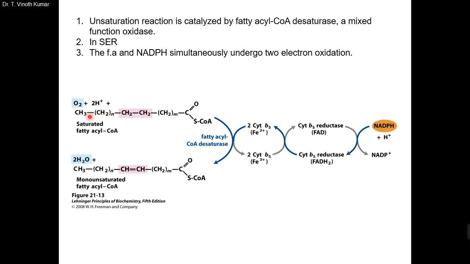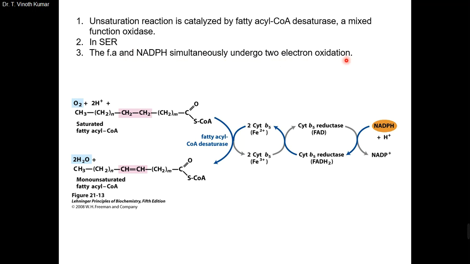So that is the first reaction, where saturated fatty acid CoA CH2 single bond CH2 is converted into CH double bond CH. This is the basic principle involved, and this occurs in the smooth endoplasmic reticulum, and the unsaturation reaction is catalyzed by fatty acid CoA desaturase. Fatty acid CoA desaturase is a mixed function oxidase enzyme, and the fatty acid and NADPH simultaneously undergo 2 electron oxidation.